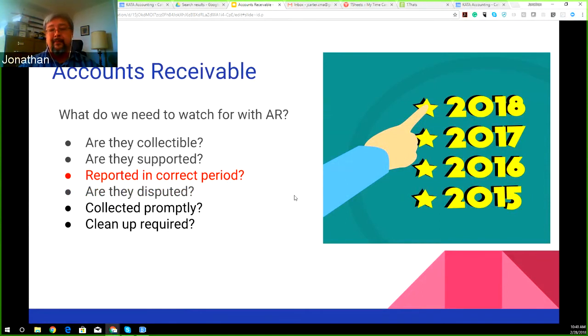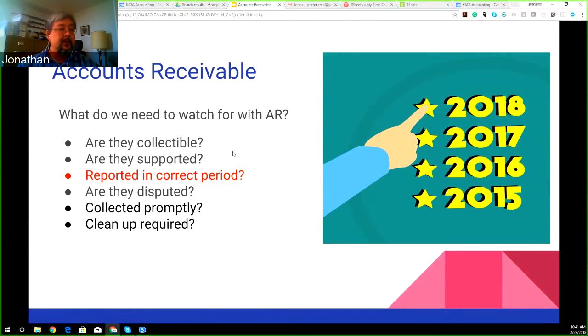So if you're billing somebody, say on December 31st, 2017, perhaps inflating your cost of goods sold figure, that's really a deferred revenue issue, and it becomes something else entirely. So that's something to keep in mind. Reporting in the correct period is something that we do look at on a regular basis.